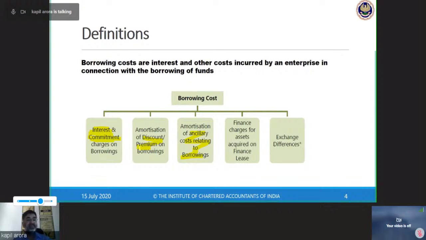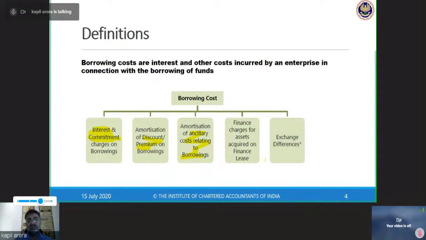For example, if I have issued debentures at a discount, or if I am redeeming debentures at a premium, whatever discount or premium I have as an expense, which I am amortizing over the life of the debenture, over the maturity period of the debenture, that will also be considered as borrowing cost.